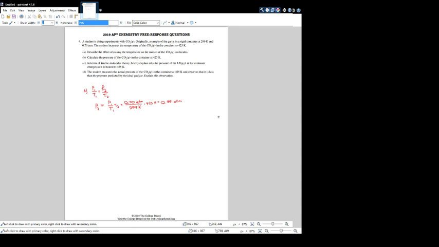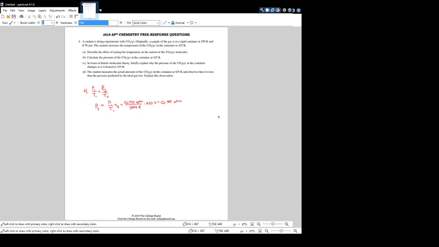So if you raise the force, then you're changing the pressure. So for C, just put raising the temperature raises the average kinetic energy, which raises the average speed of the particle, which causes the particles to impact the sides of the container with more force, changing the pressure.